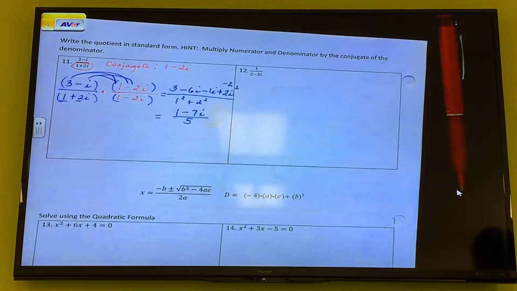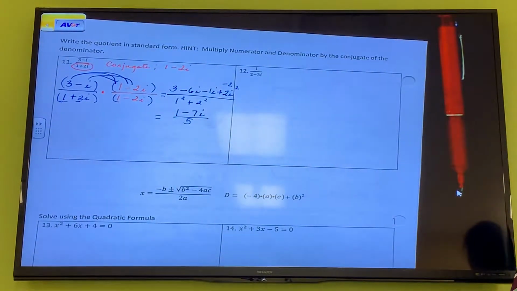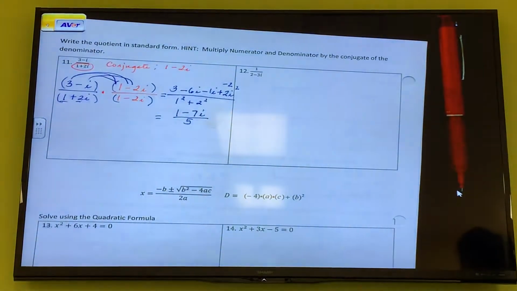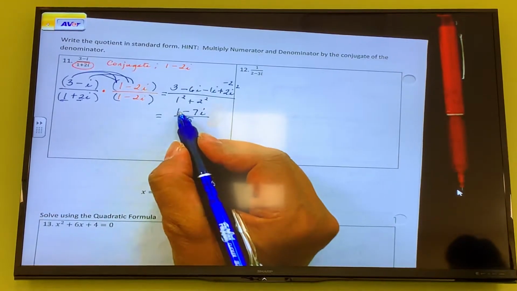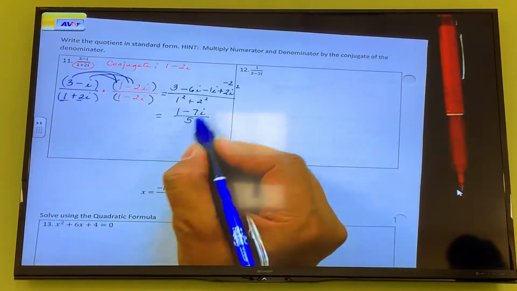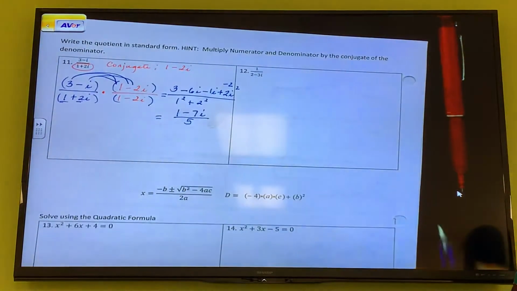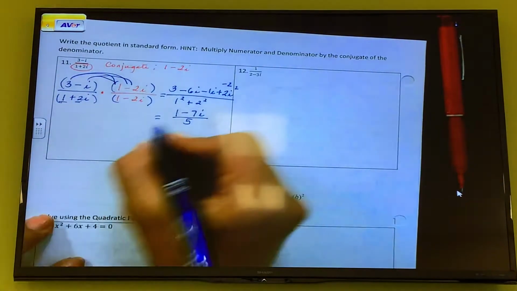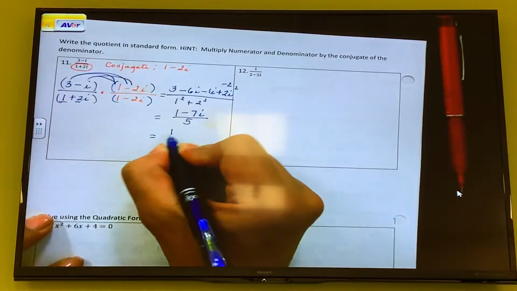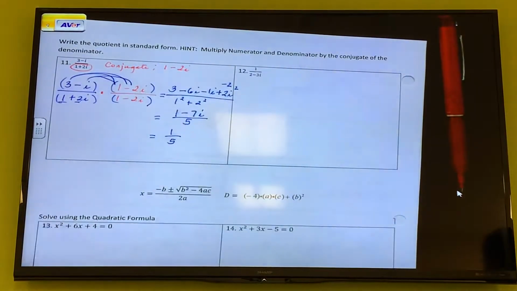Alright, one more step though. Remember, they want our answer in standard form. So we need to separate the real number from the imaginary. But they have the same denominator, so all we need to do is just rewrite it separately. So first the 1, we're going to put it over 5, because that's 1/5, right?